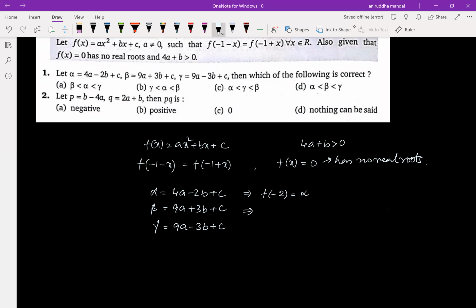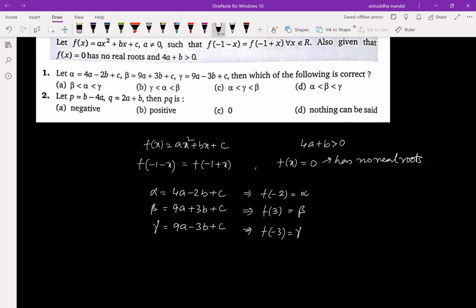Similarly, if we put x as 3, we get beta, so f of 3 is beta, and lastly, if we put x as minus 3, we get gamma, so f of minus 3 is gamma. Okay, now we have to check what the order of these alpha, beta, and gamma is.